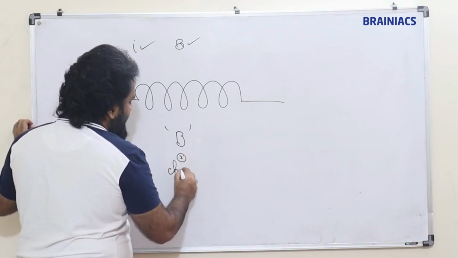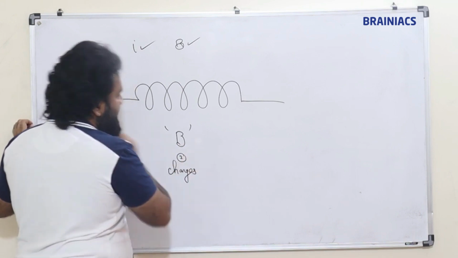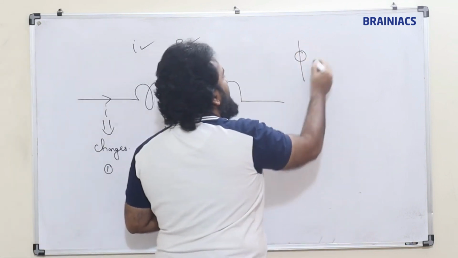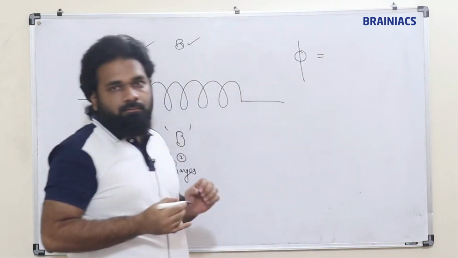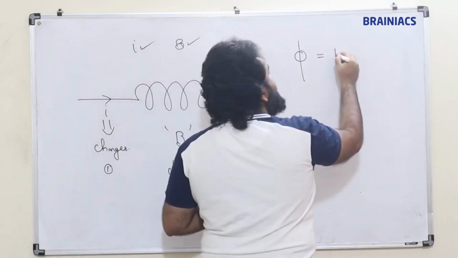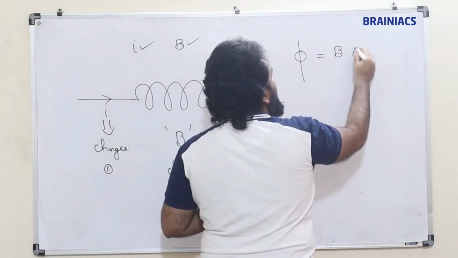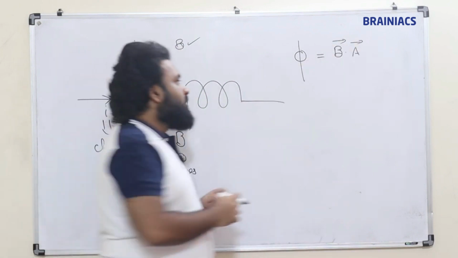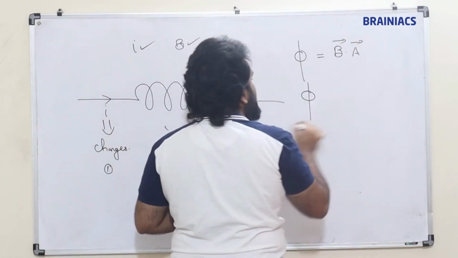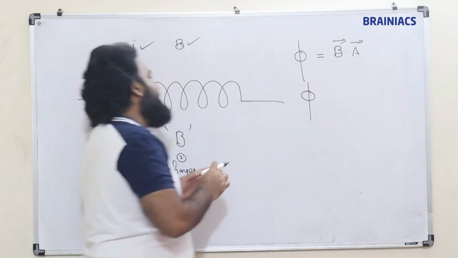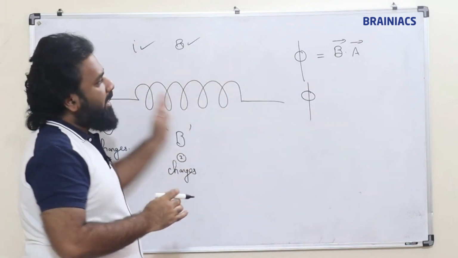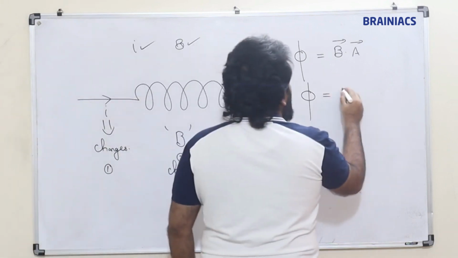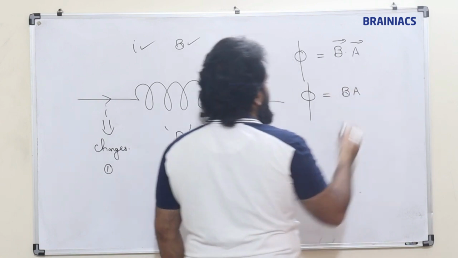Magnetic field also changes. Now we know when magnetic field is there, there is going to be magnetic flux. What is that? B dot A. So if the direction of magnetic field and direction of area are the same, we can say BA.